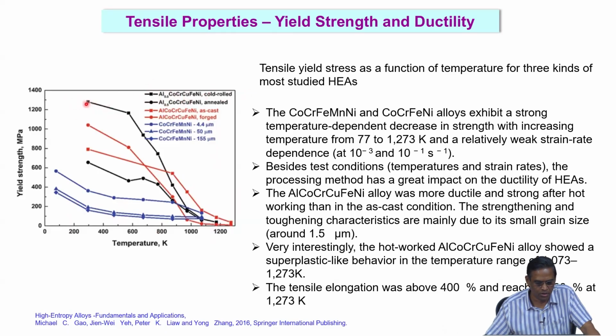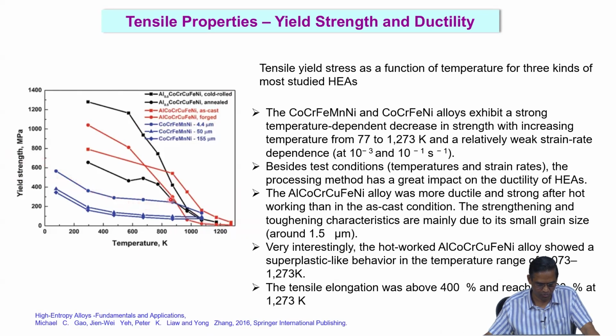the cold rolled high entropy alloy exhibits a very high yield strength, which is expected. As the temperature goes up, the drop of the strength is quite steep for the cold rolled, and of course a very fine grained material has a very smooth transition of the strength.